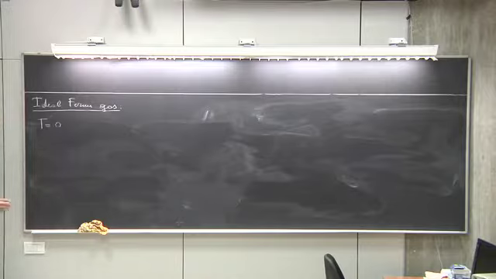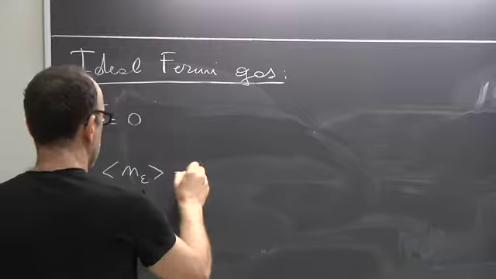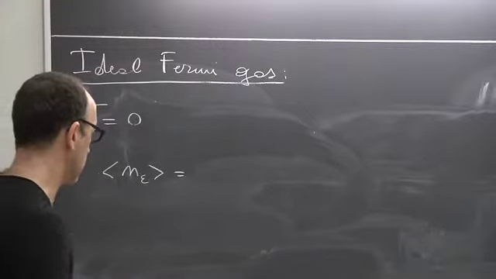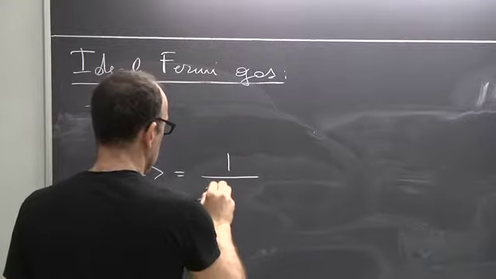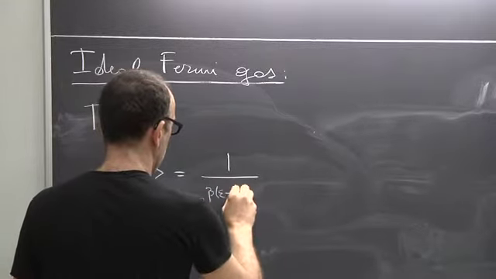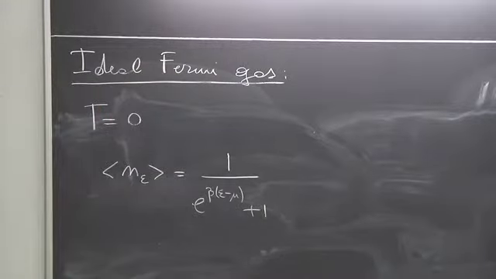Okay. So when the temperature is equal to 0, if you look at the mean occupation number of an energy level with energy epsilon, this is given by 1 over e to the beta epsilon minus mu plus 1, where again beta is 1 over kT.